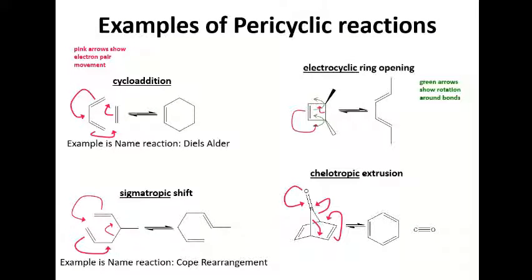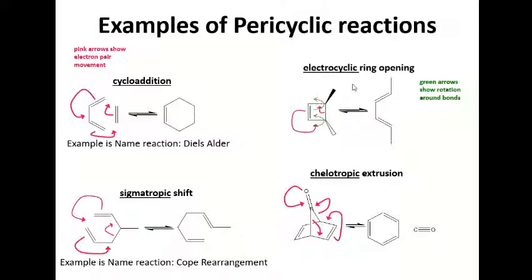Here are some examples of pericyclic reactions. The cycloaddition: you can see here an example of cycloaddition named Diels-Alder reaction. And in here, the pink arrows show the electron pair movement.